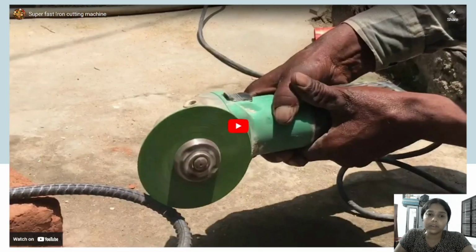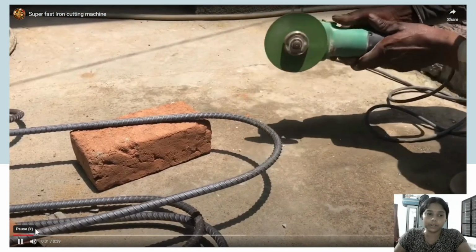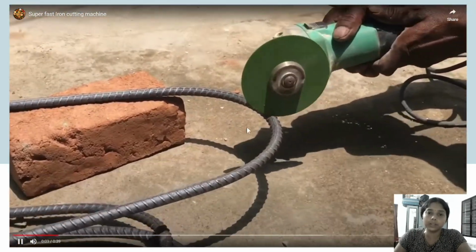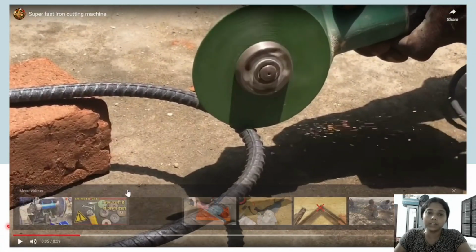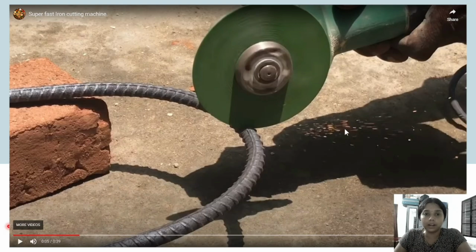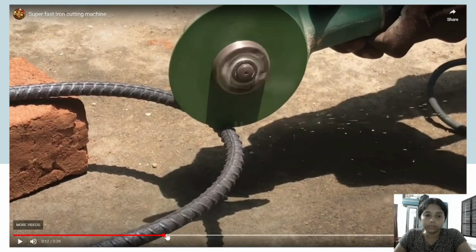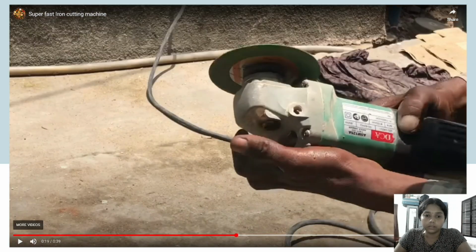Now, can we cut the iron rod using a knife? No, right. Then what do we do? Okay, let's see the video. What are they doing? They are using a machine to cut it. Otherwise, it won't be cut. It is really hard to cut.